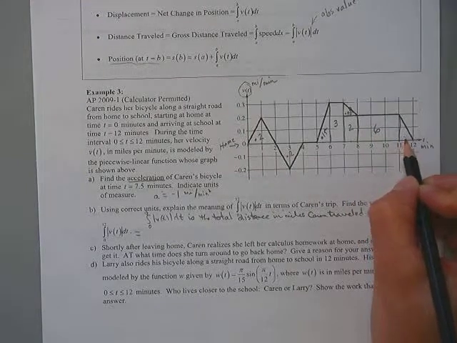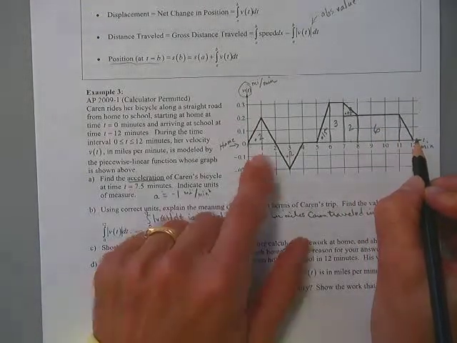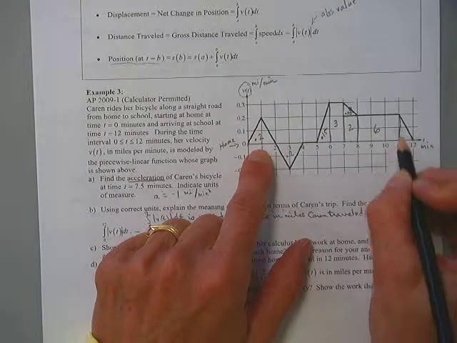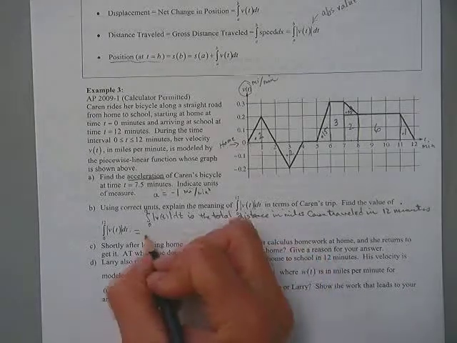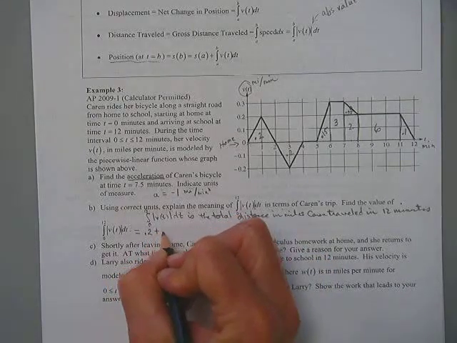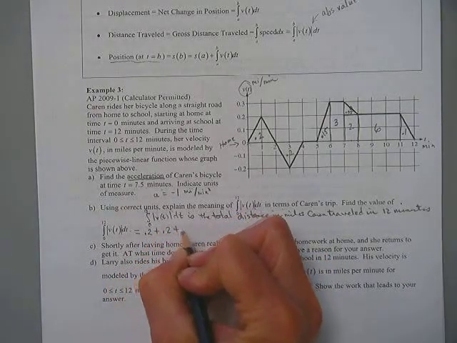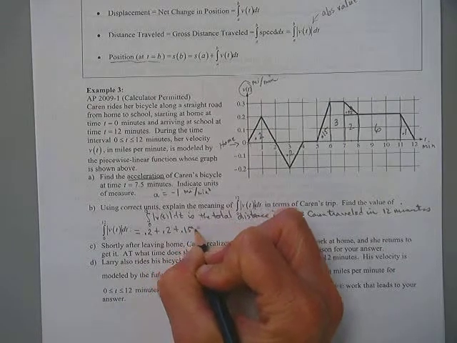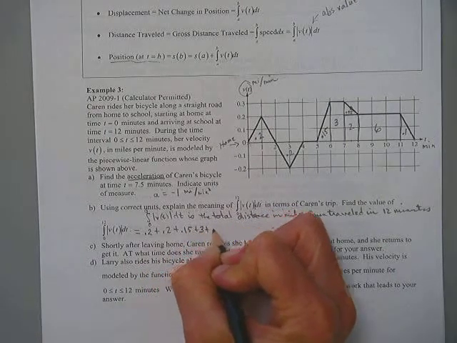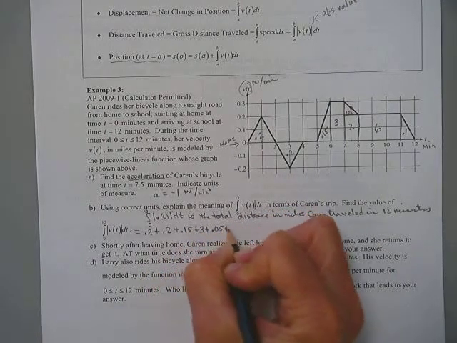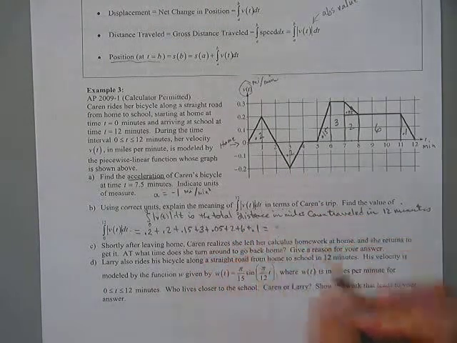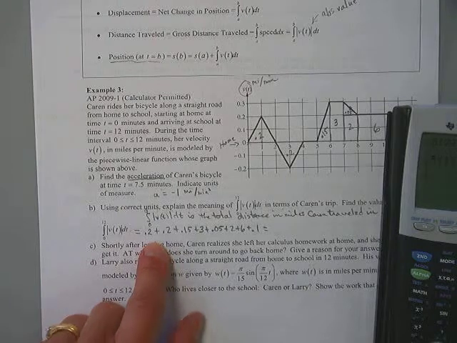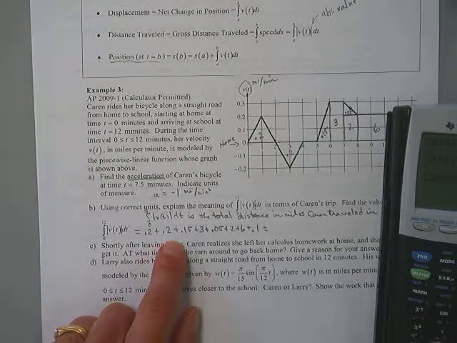You've got 6, and then you've got this piece down here, which is 1 times 0.1. Then add them all up. 0.2 plus 0.2 plus 0.15.